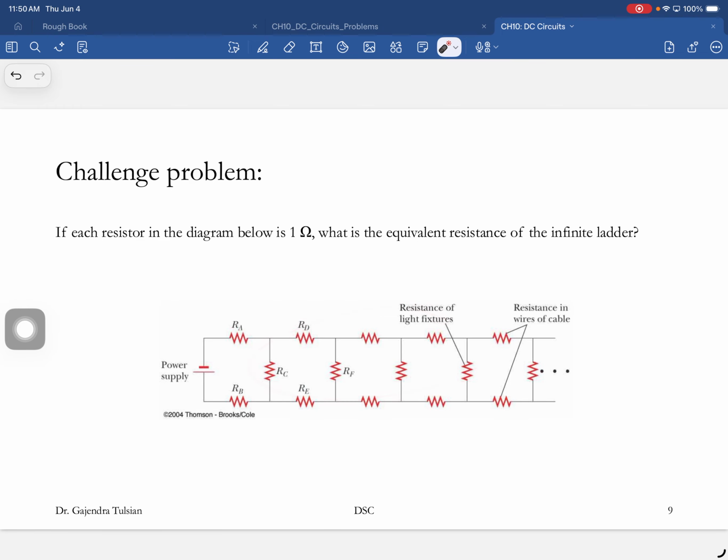Here's a fun problem. I'll give you $1 if you solve it on your own.